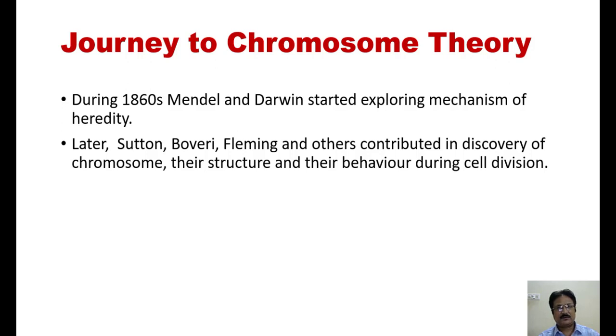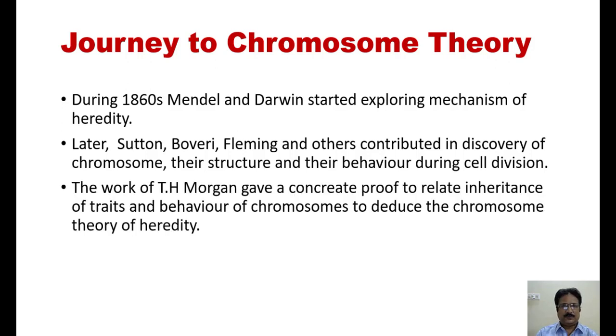So from the 1860s up to 1900, the inner structure of the nucleus, the chromosome and also the characters of chromosome were not known. So it was not possible for Mendel to explain the nature of the factors.